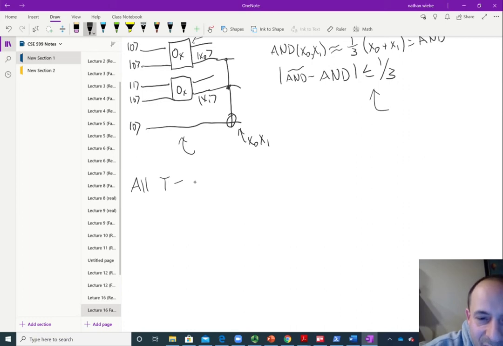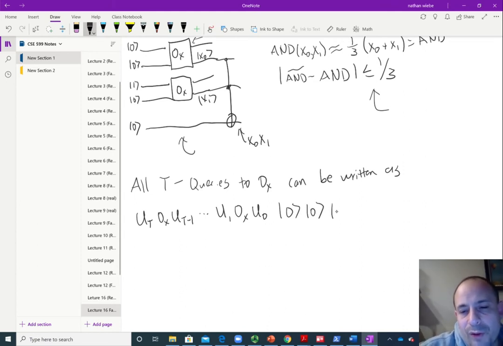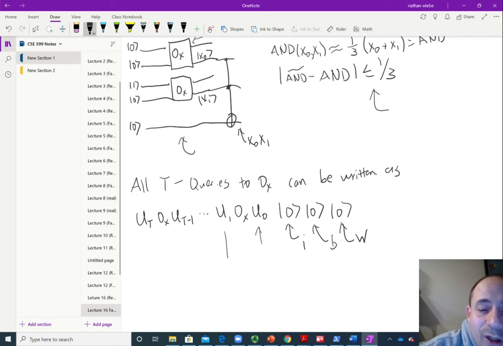So all algorithms containing T queries to O_x can be written in the following form: U_T O_x U_{T-1} going all the way down to U_1 O_x U_0, acting on some initial state that I'll just write as, for our purposes, |0,0,0>, where this register contains the index i, this one over here contains the output for the oracle queries, b, and this is potentially some extra work qubits that we could use in these different unitary transformations.